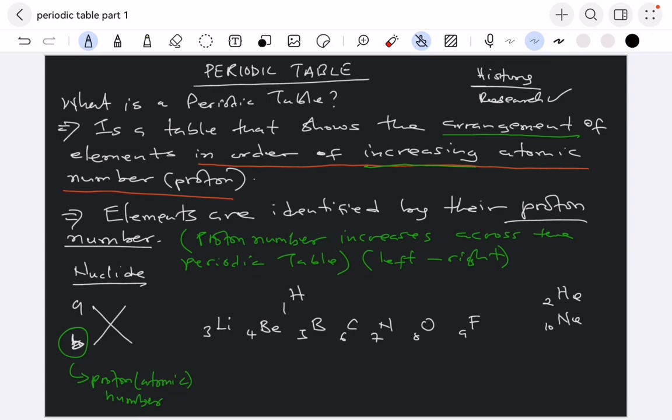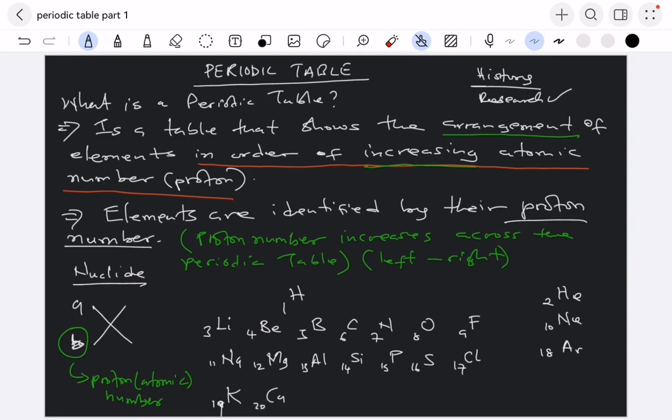And then when you come back again further to your left, you're going to find sodium with 11, magnesium with 12, aluminium with 13, silicon 14, phosphorus 15, sulfur 16, then chlorine 17, then you find argon 18, and then you come back, you find potassium 19, and then calcium 20.